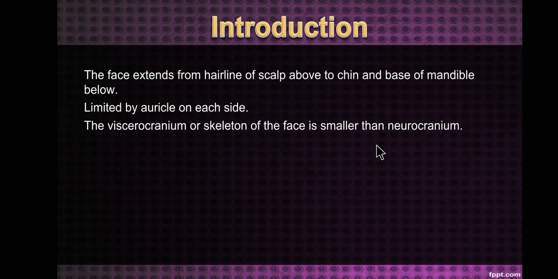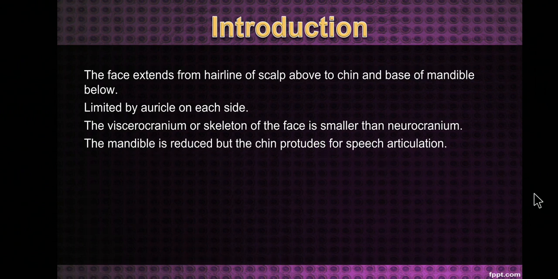So, this is one main difference you come across between the lower forms and the humans. Now, the large aspect of the neurocranium is mainly because of the development of the brain and very especially the cerebral cortex. So, the cerebral cortex is the highest center and it is very well developed in the humans. So, that is one main reason you can see.